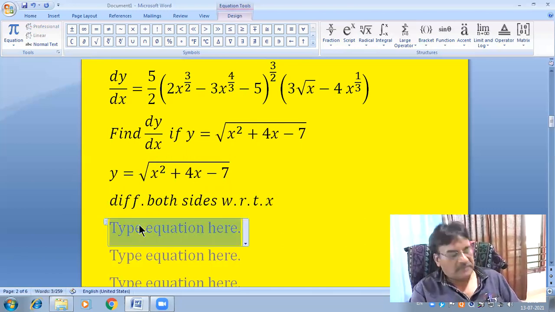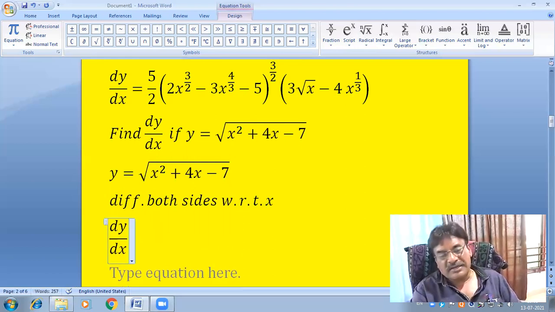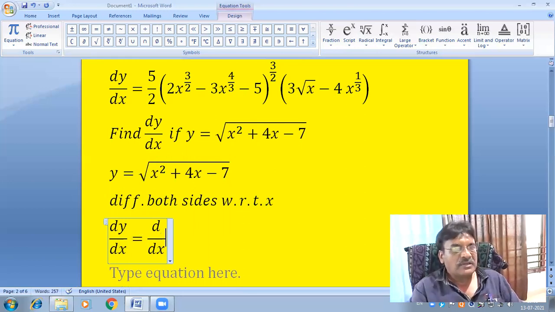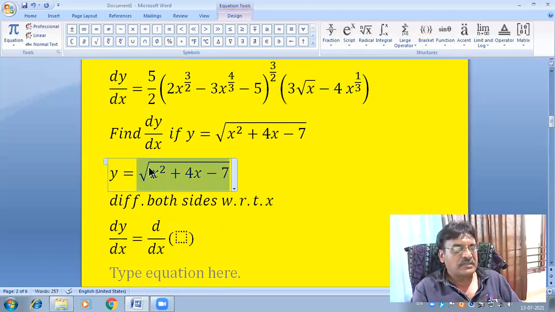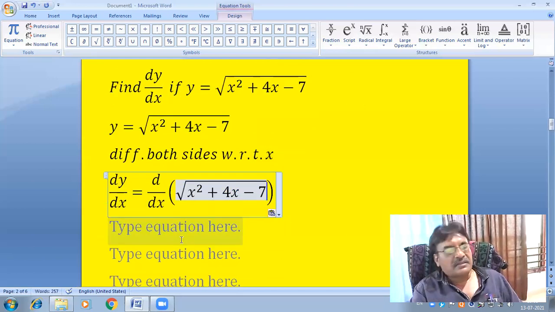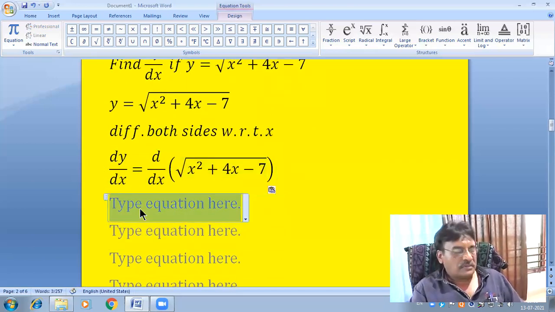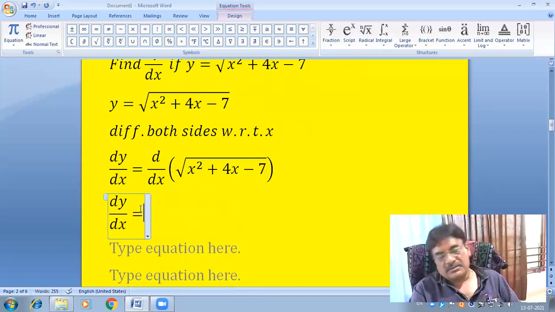Then we get dy by dx, that is d/dx of y, which is equal to d/dx of the RHS function, under root x square plus 4x minus 7. Therefore dy by dx is equal to d/dx of under root x square plus 4x minus 7.